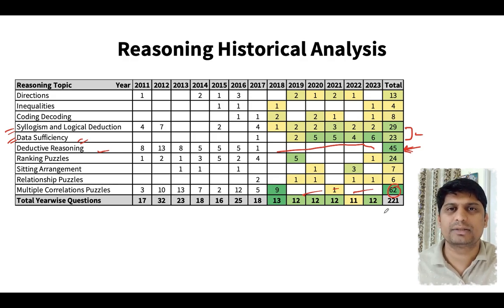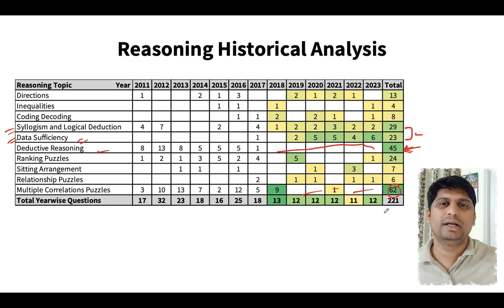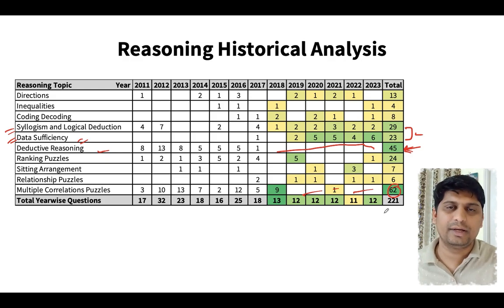It's like mathematics, a subject which you actually have to solve. It's like a practical subject. Unless you solve the questions, that wiring will not happen in your brain. You will not develop speed, and you will not be able to solve the questions faster or accurately.